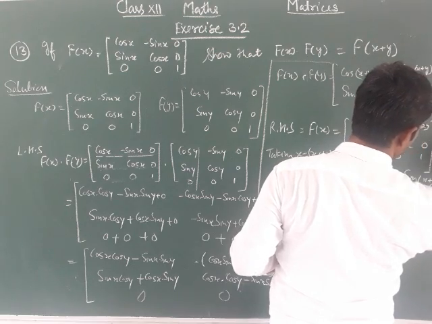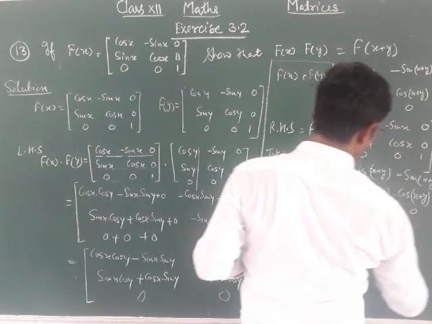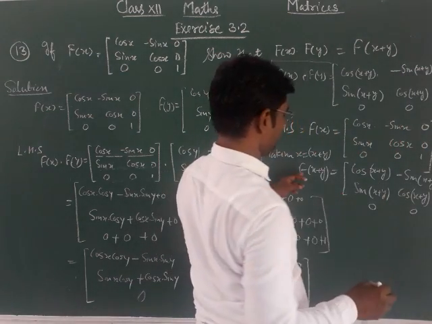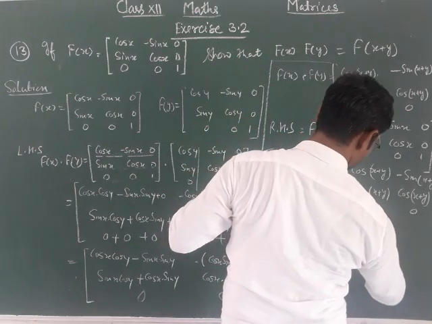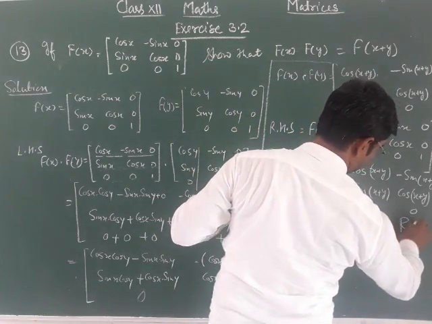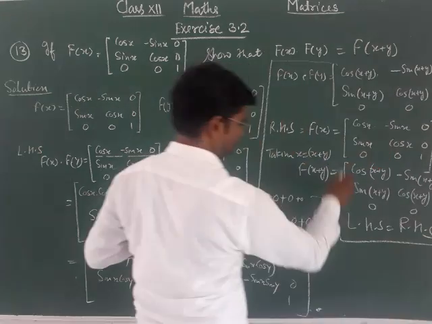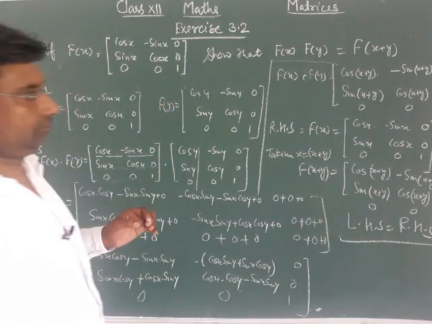So this is the matrix of f(x plus y). So LHS is equal to RHS. That's all.